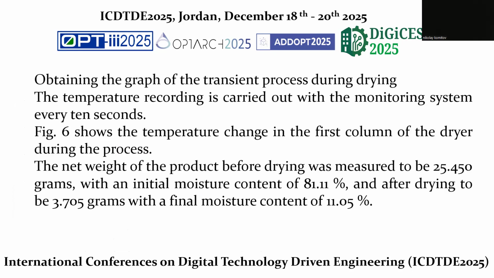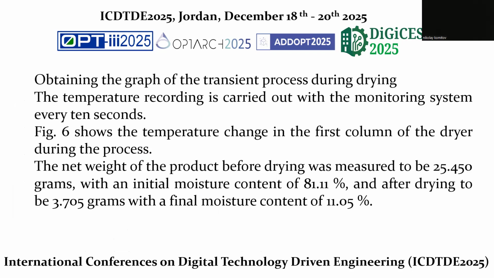To obtain the graph of the transient process during drying, the temperature recording is carried out with the monitoring system every 10 seconds. Figure 6 shows the temperature change in the first column of the dryer during the process.